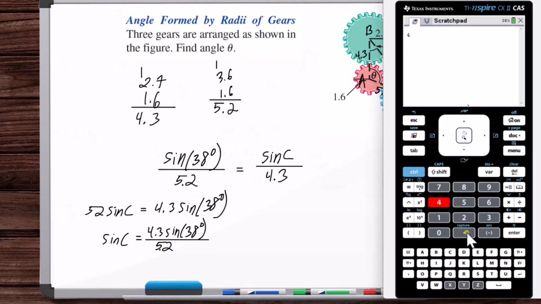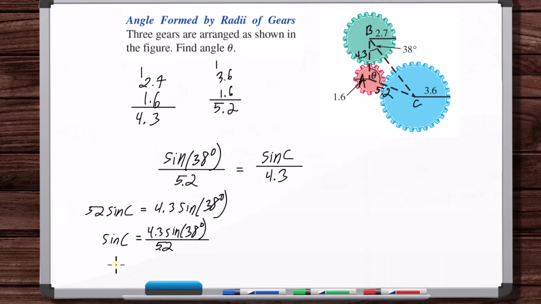Okay, so 4.3 times sine 38 divided by 5.2 is 0.509105.